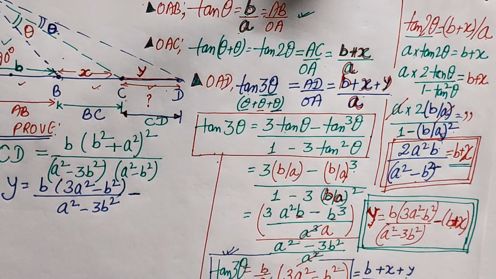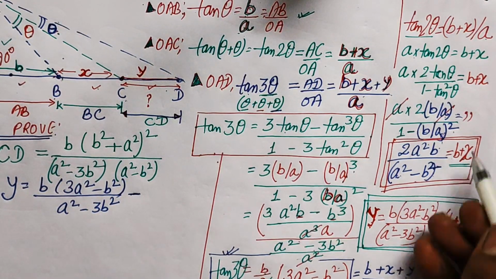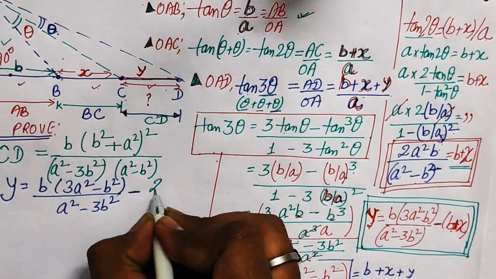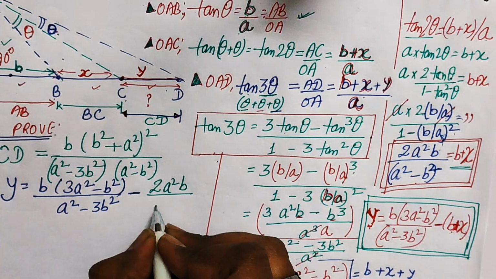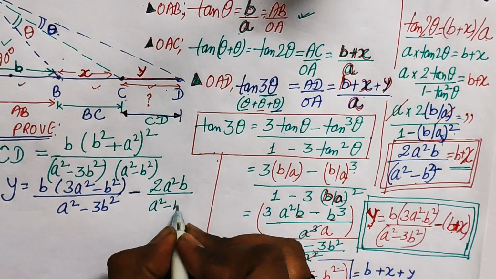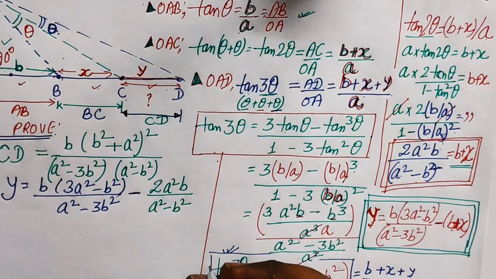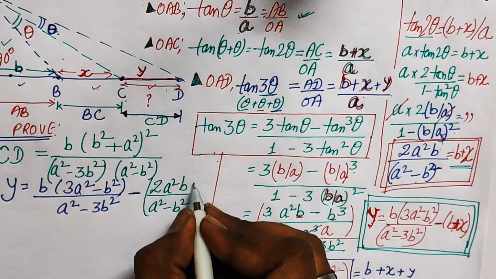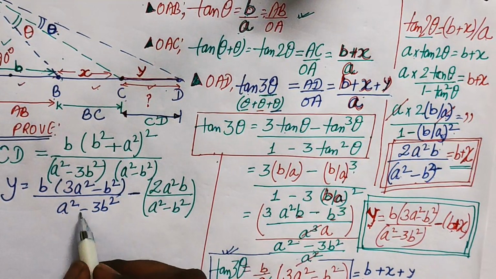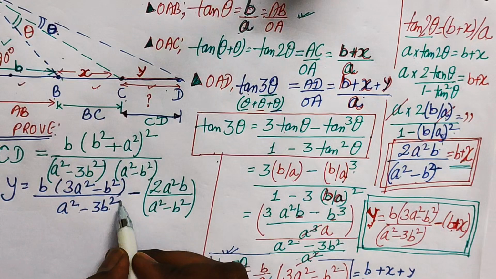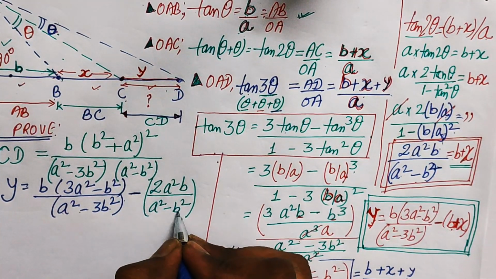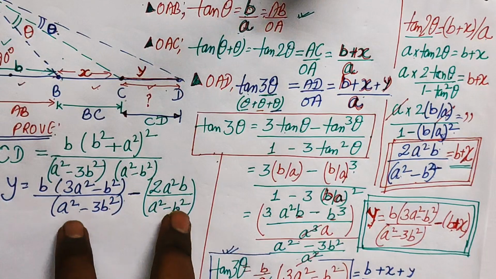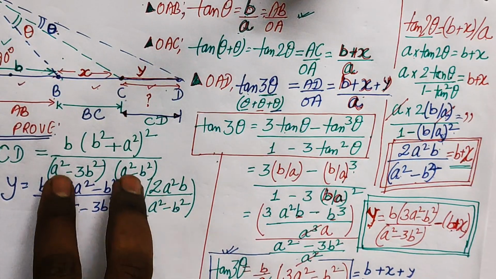So minus 2a square b divided by (a square minus b square), right? So here you can see a square minus 3b square into the denominator, and a square minus b square. This was the same which we are about to prove.